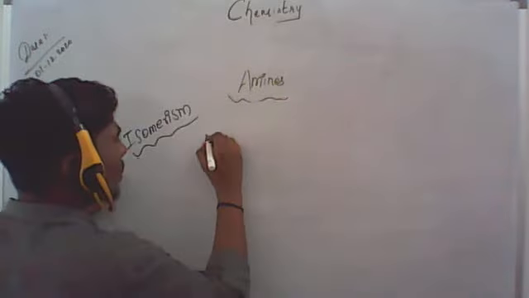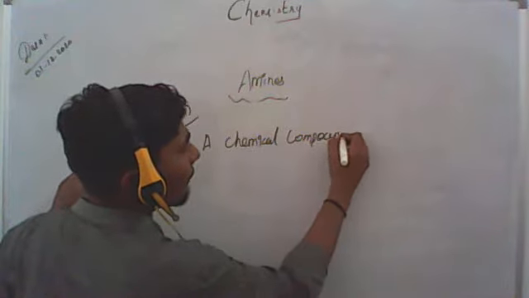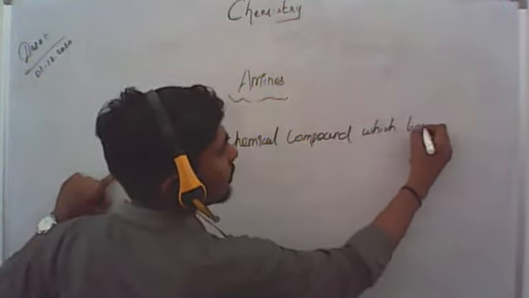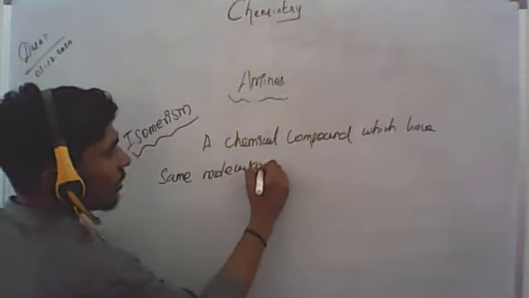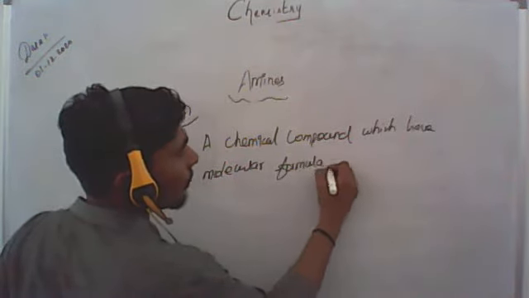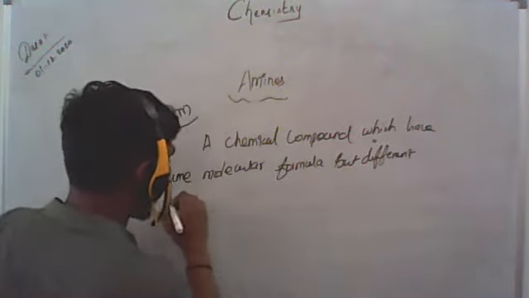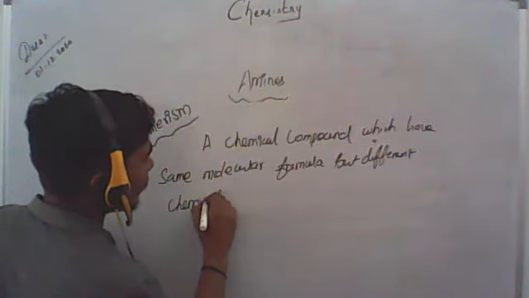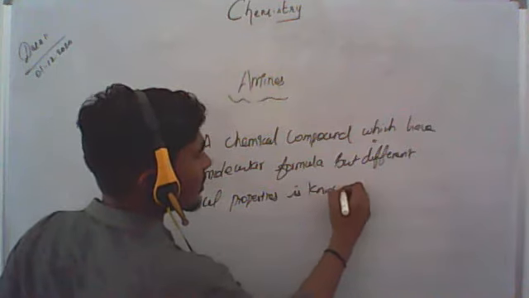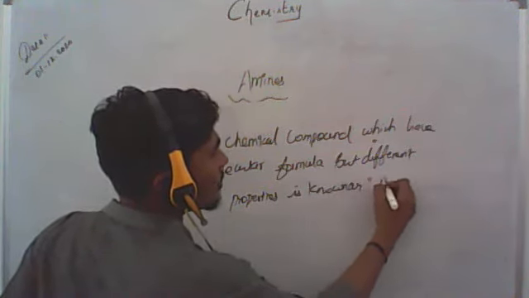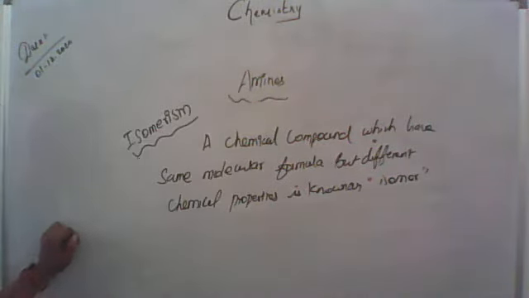A chemical compound which has the same molecular formula but different chemical properties is known as an isomer. The phenomenon is known as isomerism.